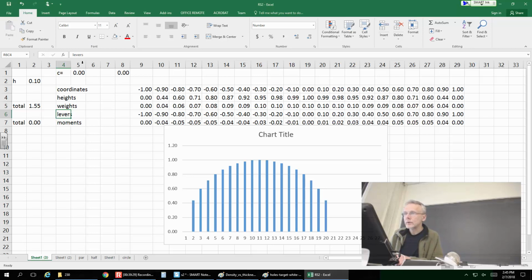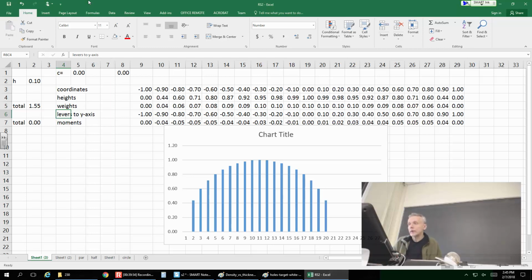Okay, so where is it? Levers to y-axis. Well, we don't care about that anymore because we care about the distance to the x-axis. But what is the distance to the x-axis?